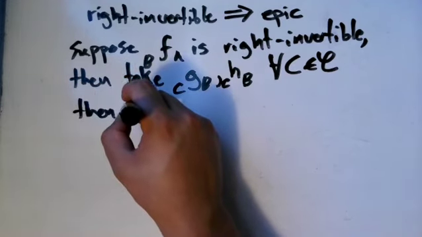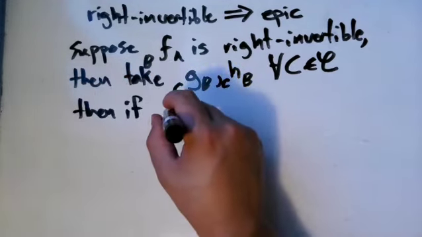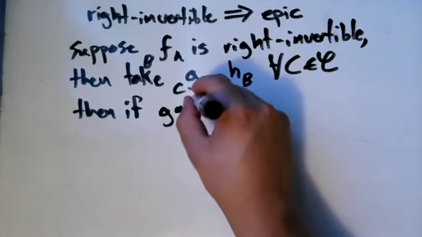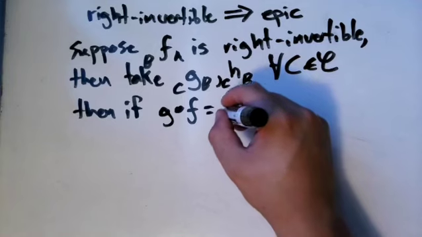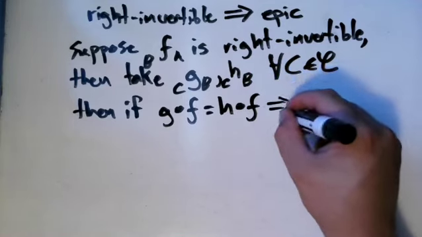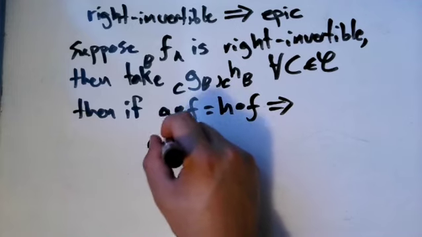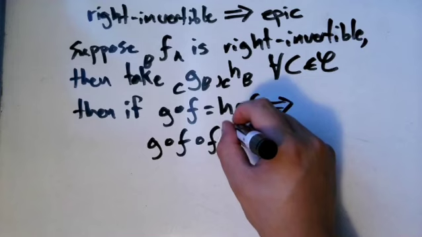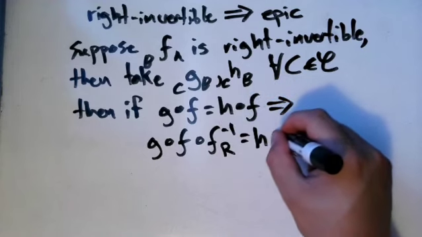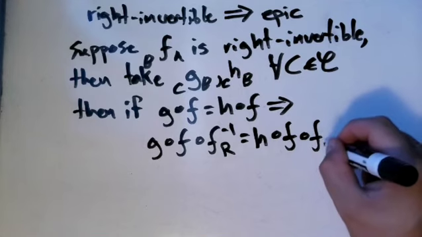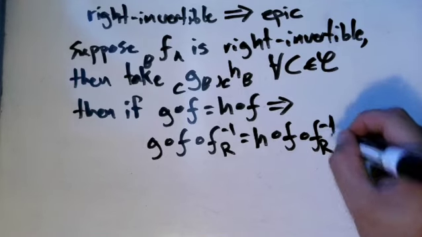Then if G after F is equal to H after F, this implies G after F after F right inverse is equal to H after F after F right inverse.